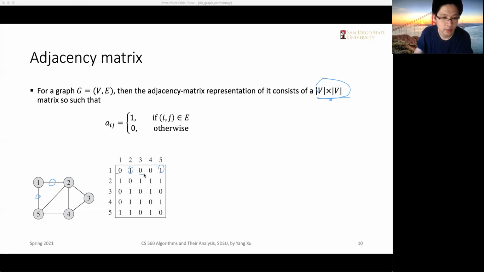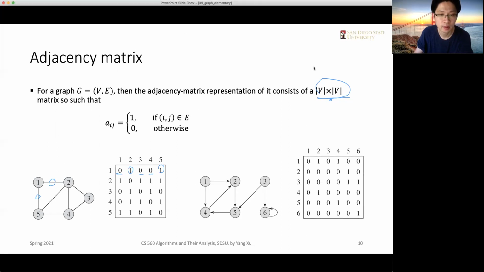All the other entries are 0 because 1 doesn't connect to 4 or 3 or to itself. The directed graph matrix is even more sparse. From 1 to 2 and 1 to 4, so the 2 ones are here. And for 6 to 6, there's only 1 here.